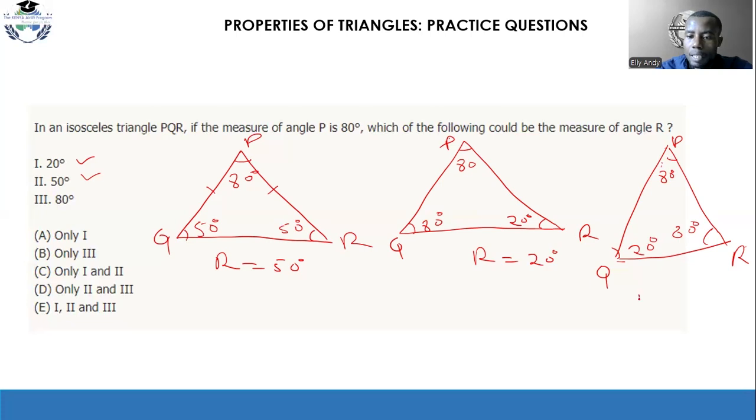So R can also be 80 degrees, meaning 20, 50, 80 degrees can all be measures of angle R. So always consider every scenario.